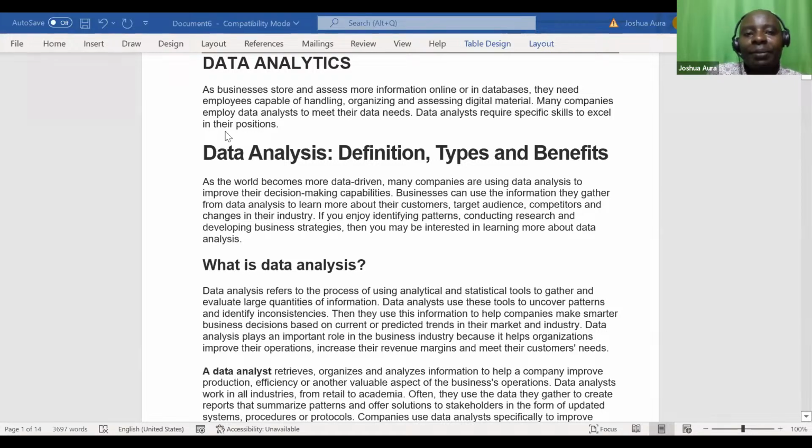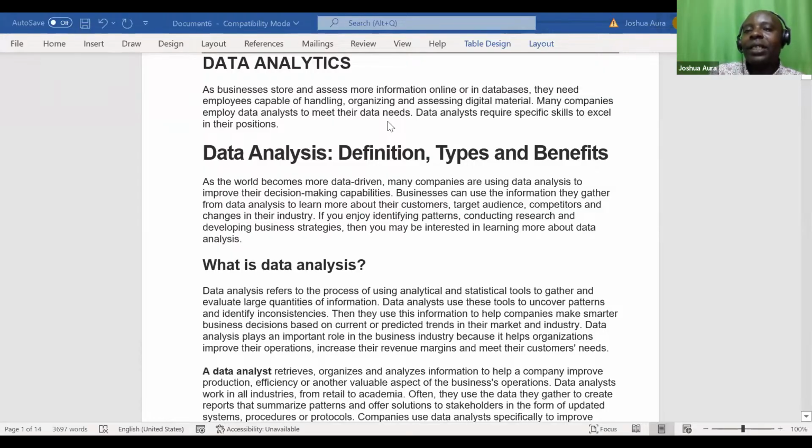So you're told here, as businesses store and access more information online or in databases, they need employees capable of handling, organizing, and assessing digital material. Many companies employ data analysts to meet their data needs.